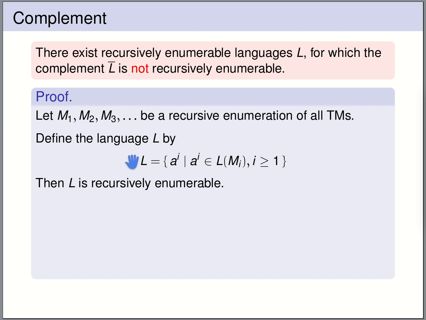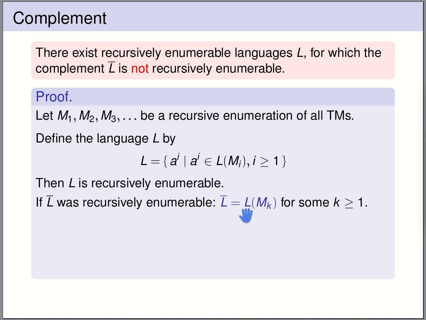So our language L is recursively enumerable, but what about the complement? Let's assume that the complement was also recursively enumerable. Then the complement must be the language of one of our Turing machines in this enumeration.